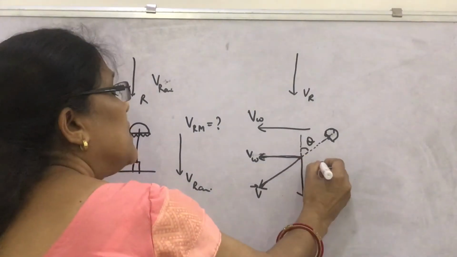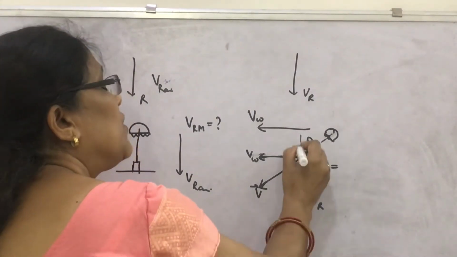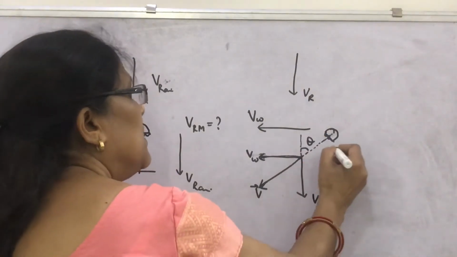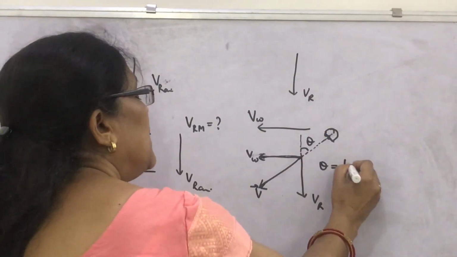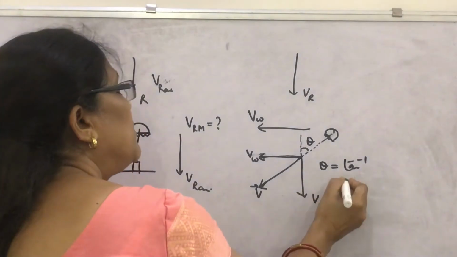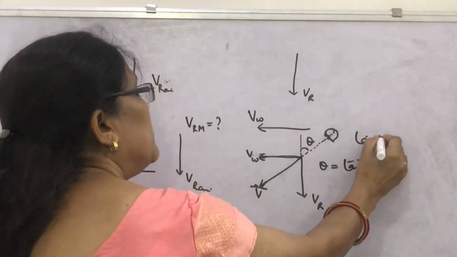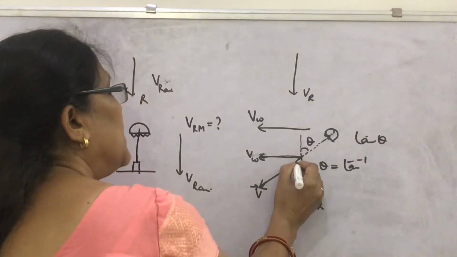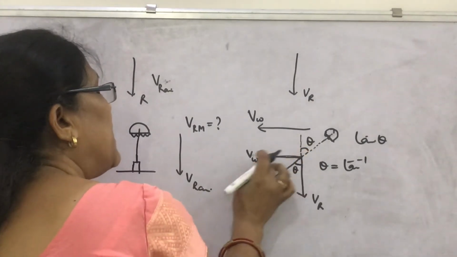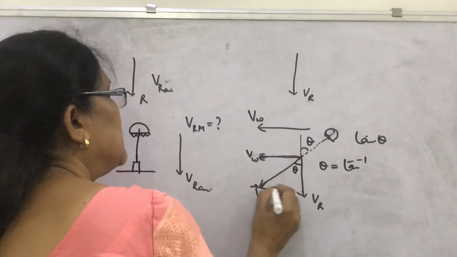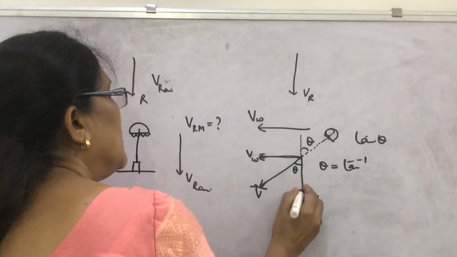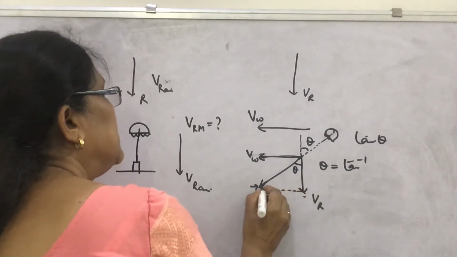You will write theta, theta will be equal to what? Look here, this is tan inverse. Tan theta you find first here, so this is theta, this is also theta, this parallel vector you can add here, this is also the V W vector in this direction.